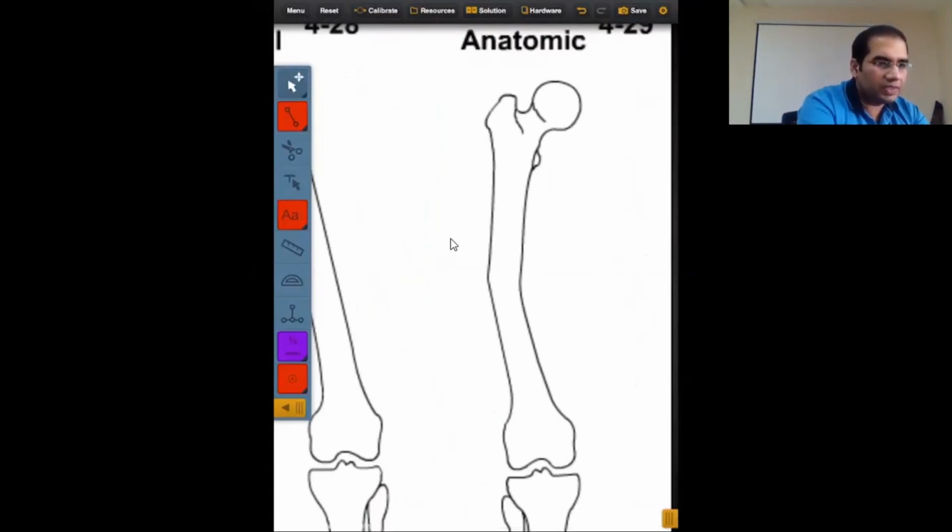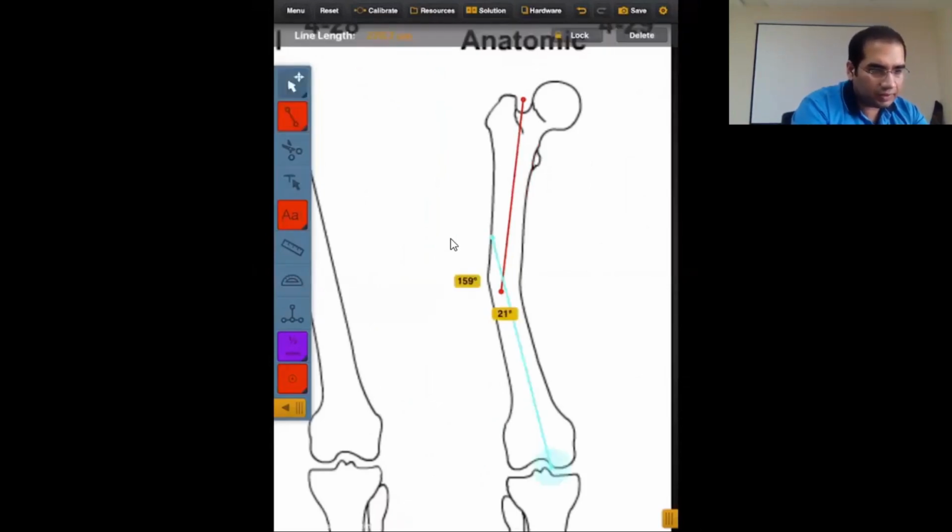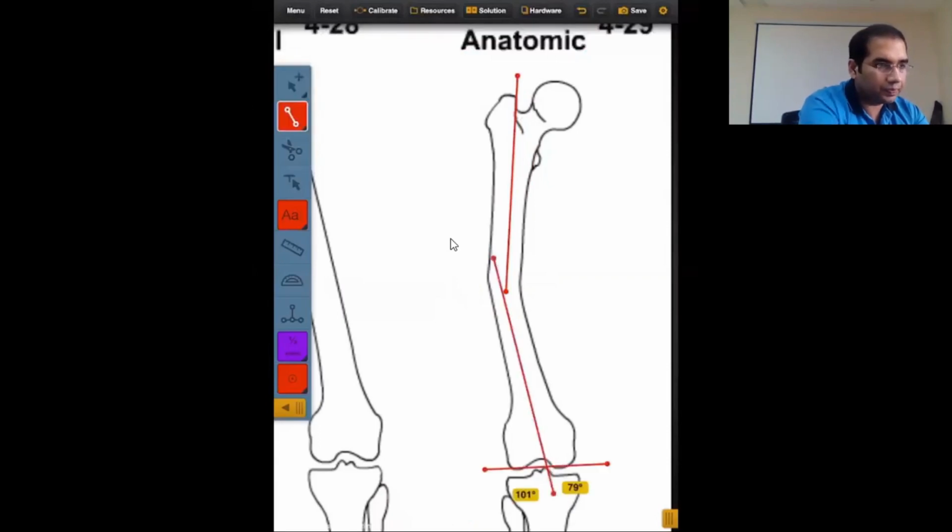One way is, since we have diaphysis on both sides, we can simply draw mid diaphyseal lines. You can simply draw two mid diaphyseal lines, but we have to check these lines. This line is not normal.